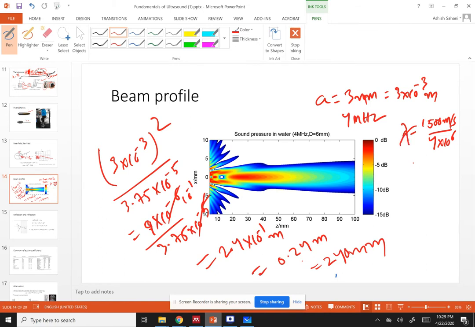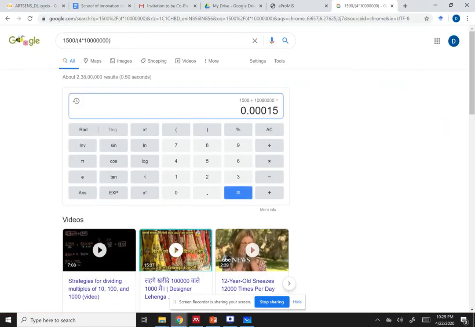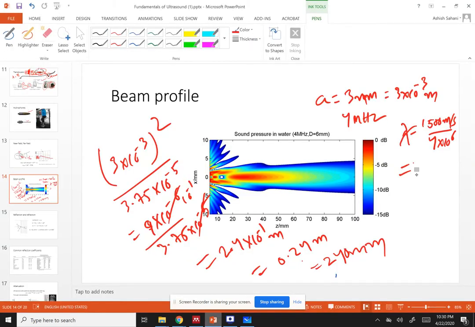So lambda is equal to 1500 divided by 4 into 10 to the power 6, which is giving me 3.75 into 10 to the power minus 4.